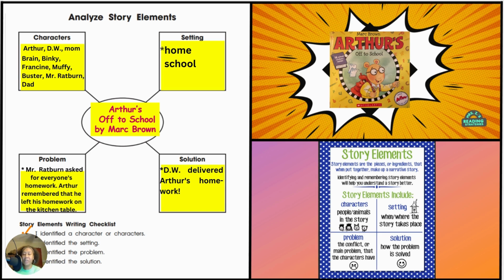DW to the rescue. How do you think Arthur felt then? Wow, yes, he felt relieved. He was happy. And how do you think DW felt as a little sister coming to his rescue? I think she was proud. She wanted to help. She finally did something to help her big brother.